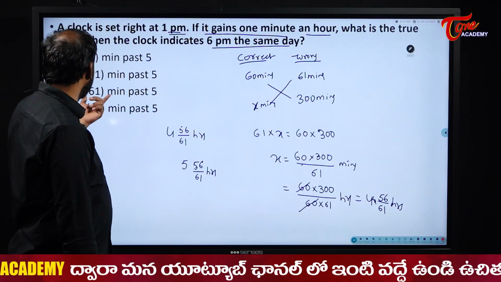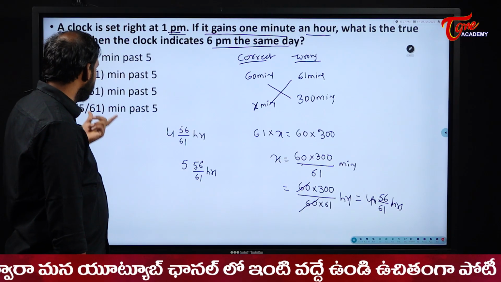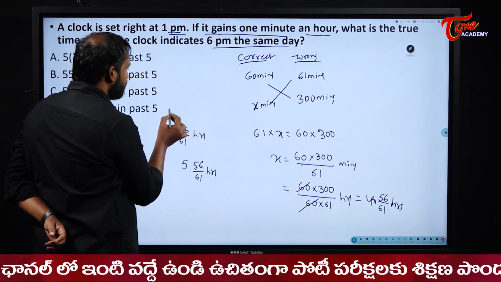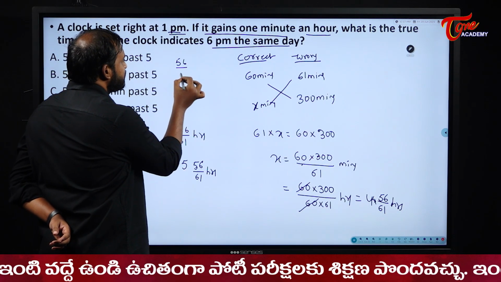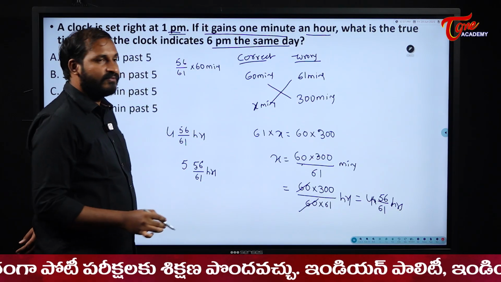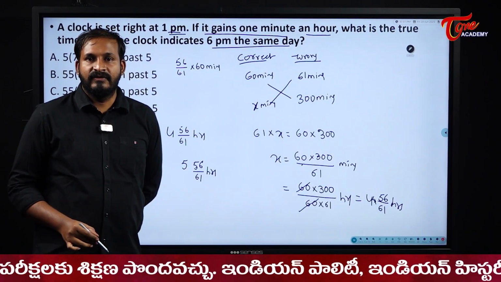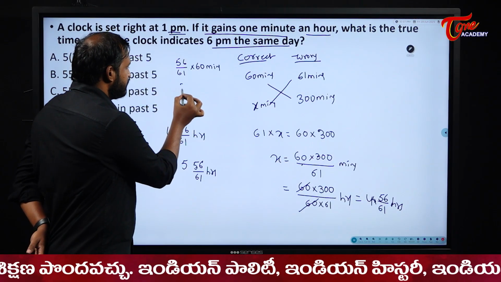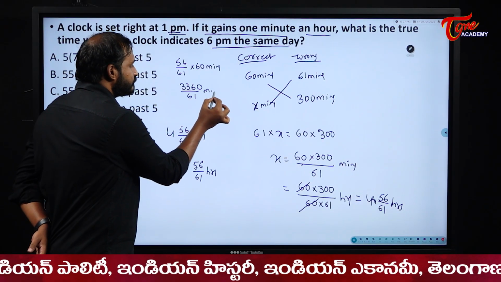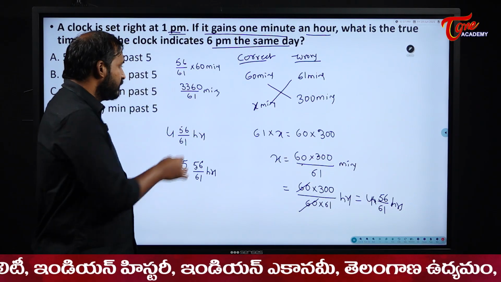But my options are what here? Please observe here. 56 by 61 hours means how many minutes? Please check that one. 56 by 61 into 60 minutes. 56 sixes, it will become 336, so 3360 by 61 minutes. Please be careful, students.